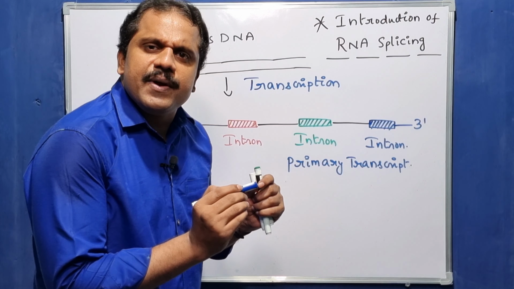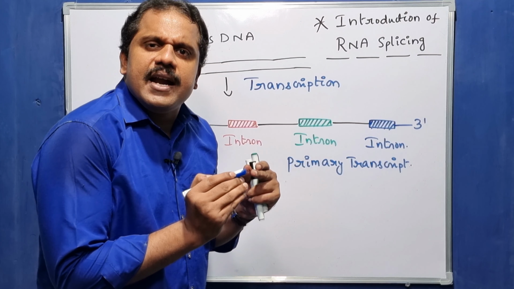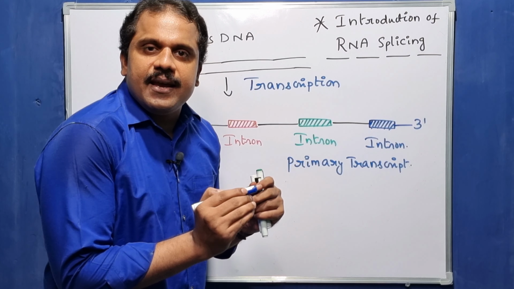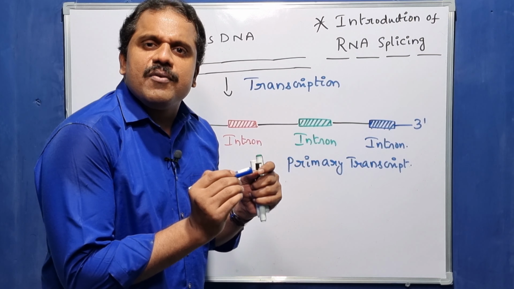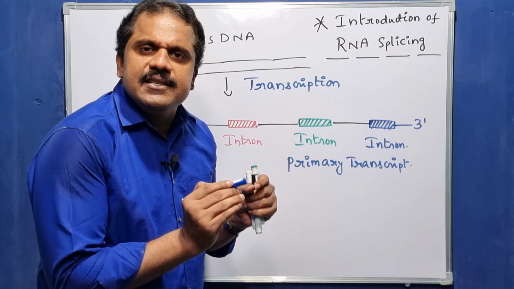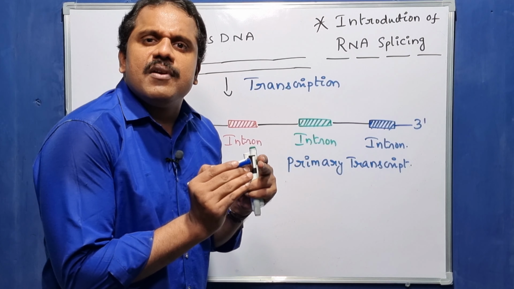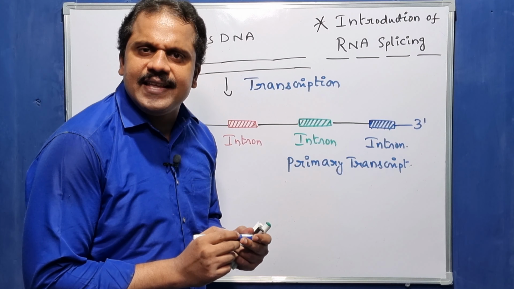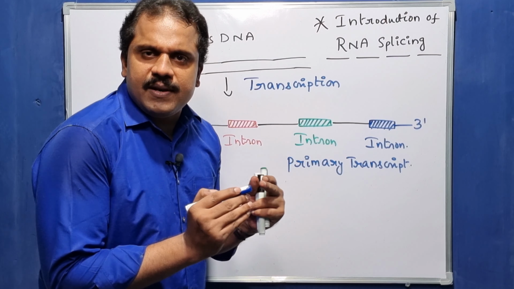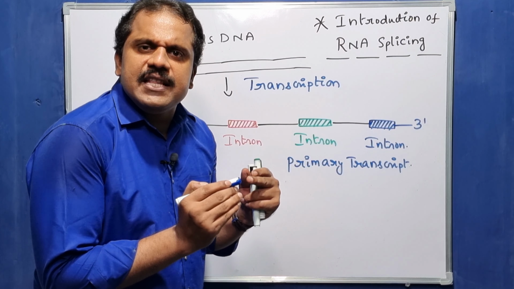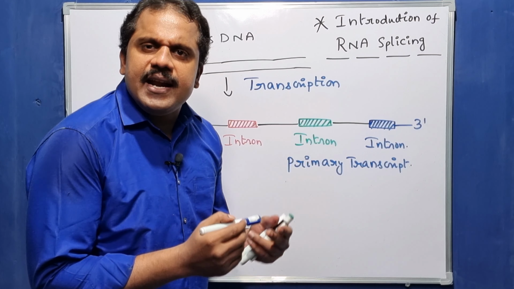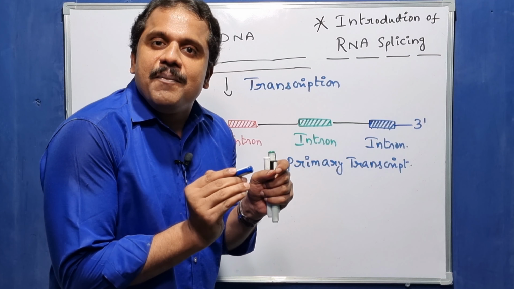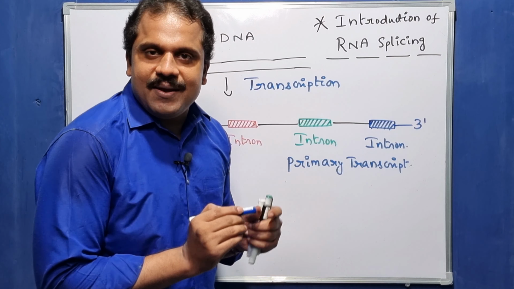Out of 100% of a eukaryotic mRNA, around 80 to 90% is composed of non-coding sequences, or introns. These introns do not have any biological activity, so they undergo splicing. When the eukaryotic mRNA undergoes successful splicing, it leads to the formation of a mature mRNA, or intron-free mRNA.